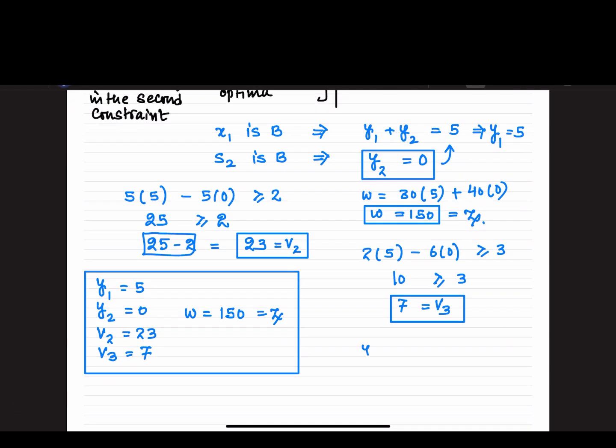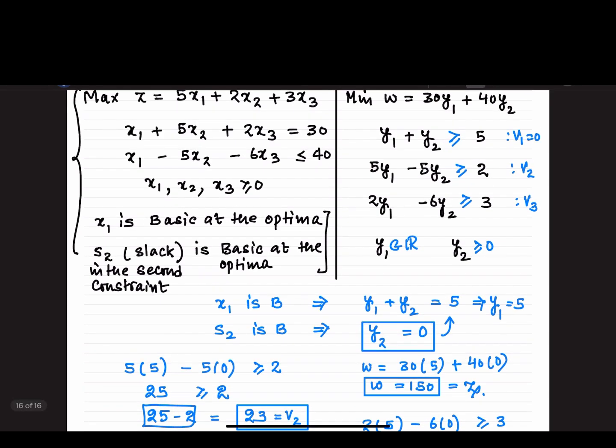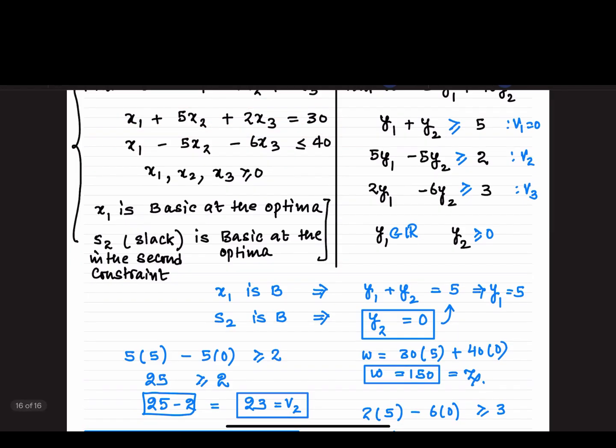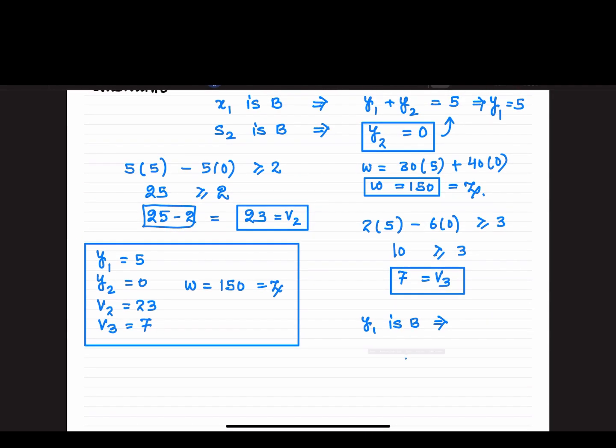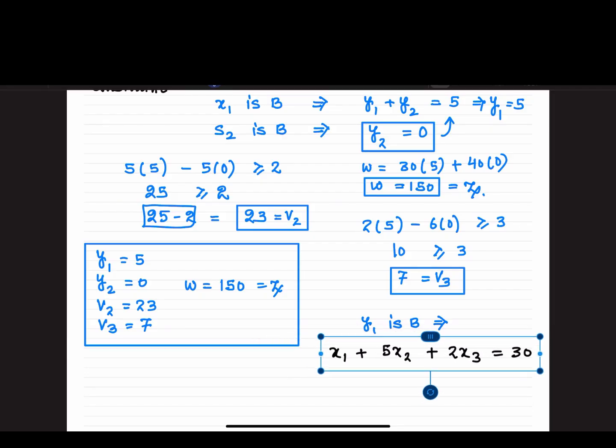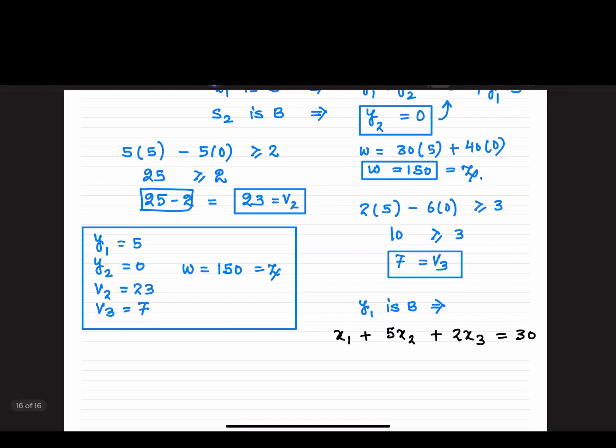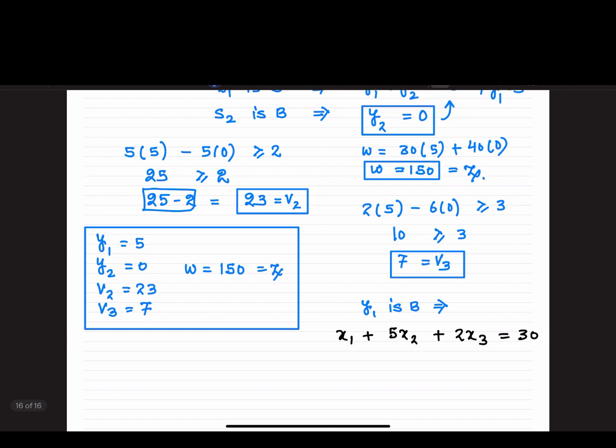That means y1 is basic. This implies that the first constraint is actually an equation which is already true. So we just copy the first equation. Copy it here. फर्स्ट इक्वेशन ये है, ये y1 ने बताया था, ये पहले से ही इक्वल टू था तो कोई चेंज ही नहीं आया.